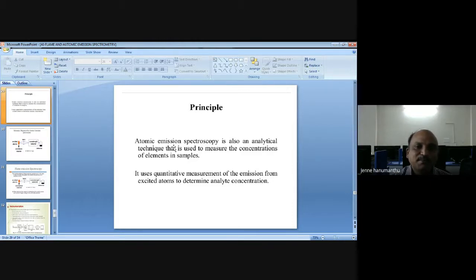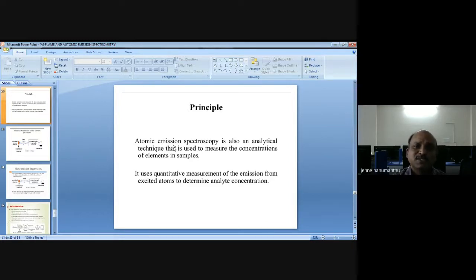We are applying some external energy, that may be through a flame, through some arc, through some burner, through some plasma, or through some coils with magnetizations that we can apply.